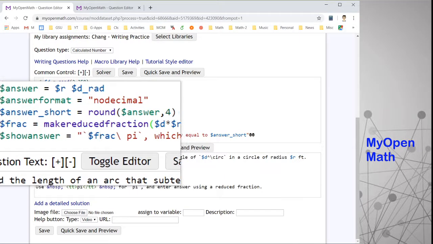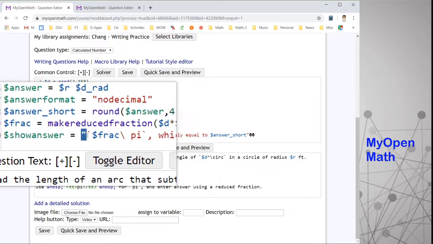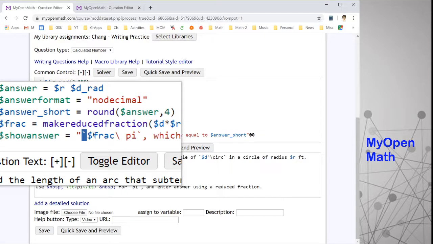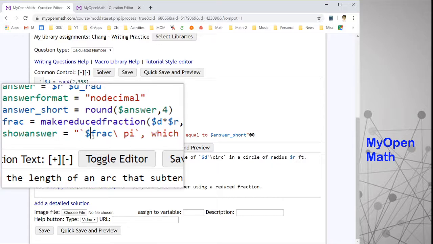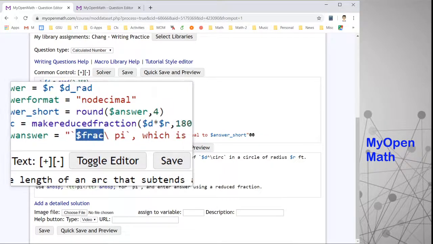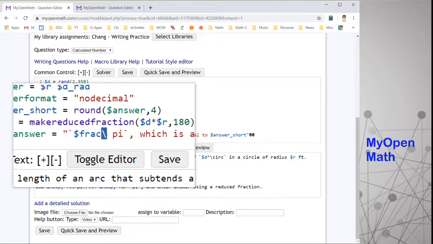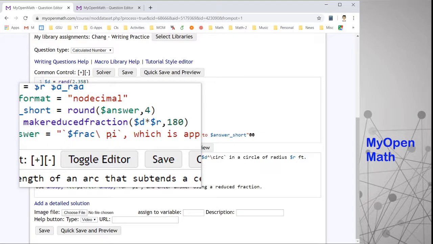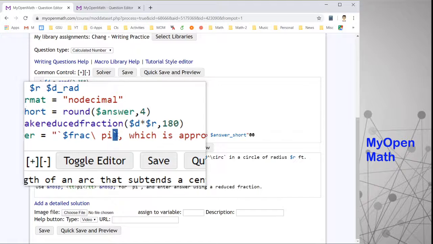Show answer, and it must be in the string, and this backward prime symbol indicates this part is not just a text string, it's going to be math mode, so you have to enter that. Then this $frac will make the numerator and denominator appear nicely, and this creates a little bit of space between this fraction expression and the pi symbol, and close the math in there.